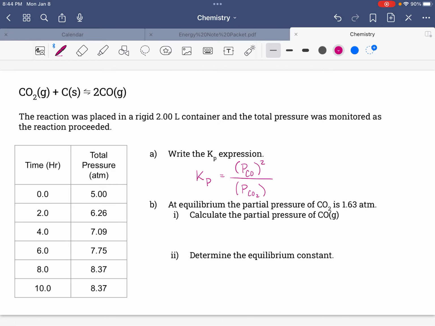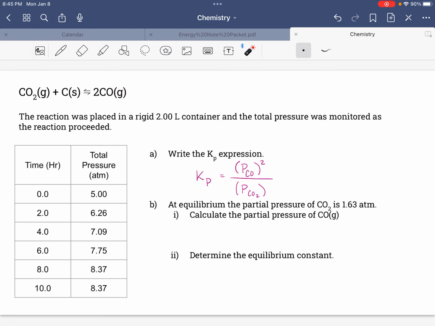For part B, it says at equilibrium, the partial pressure of CO2 is 1.63 atmosphere. At equilibrium, the two things applying pressure to the 2-liter container are our CO2 gas, if there's any remaining, and our CO gas.